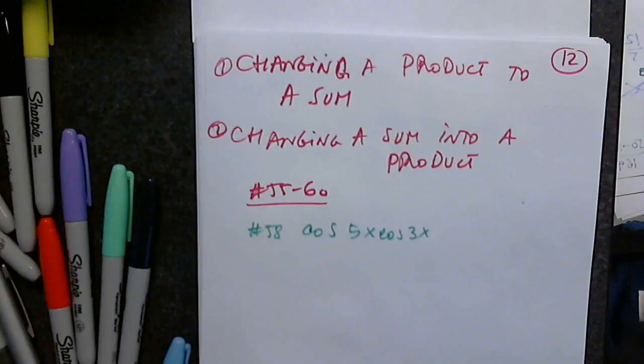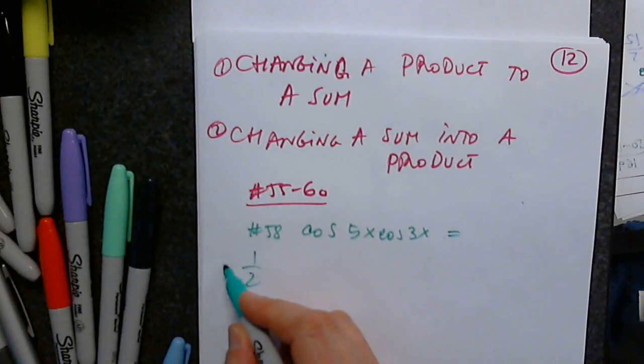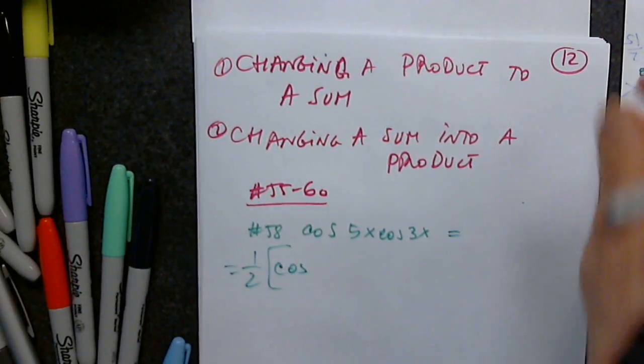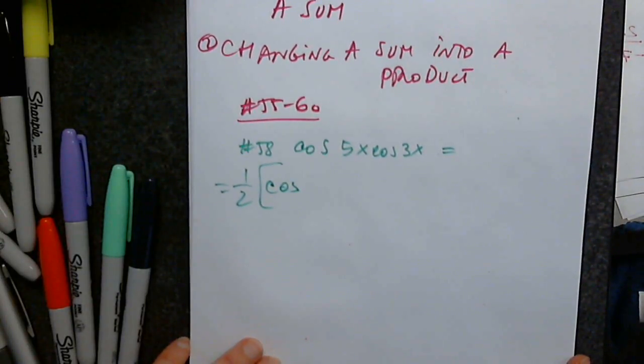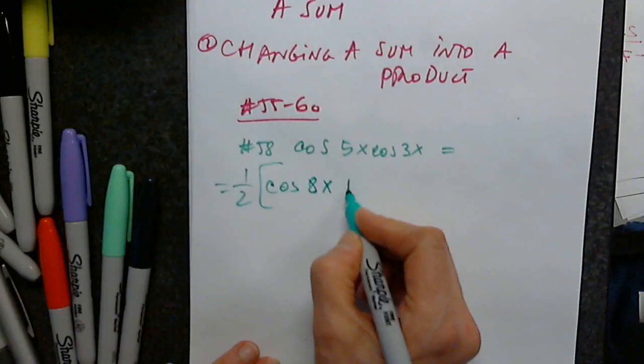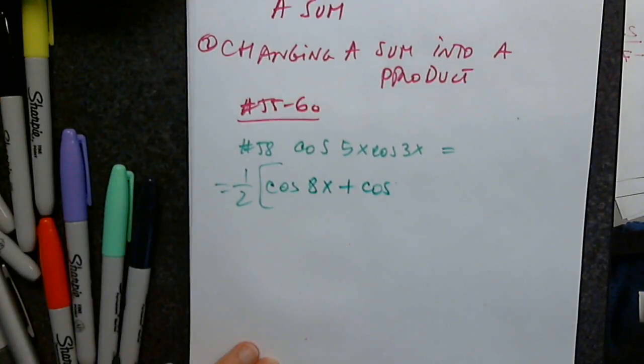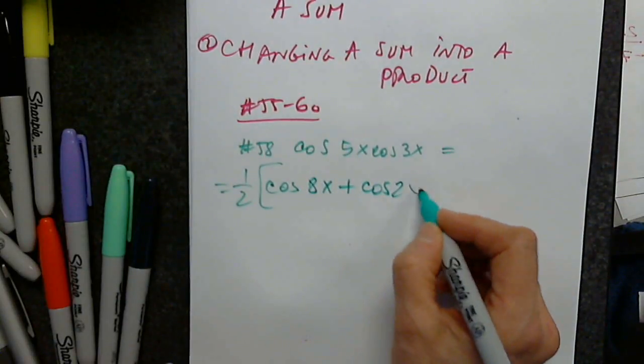So 1/2 cosine of their sum. What is the sum of those two angles? Very good. Plus cosine of the difference of those two angles. That's it. Done.